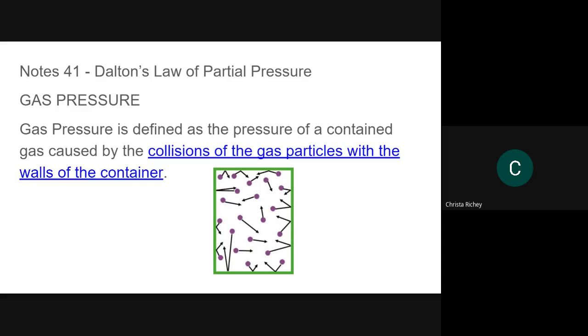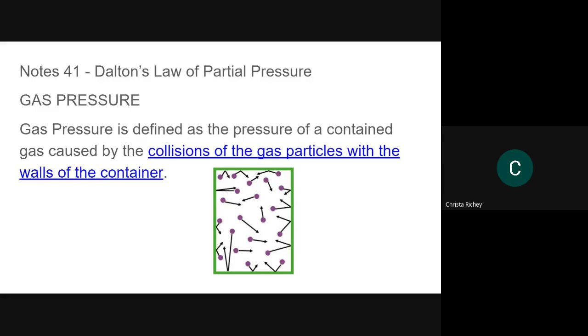So this picture, which I think you have on your notes, is supposed to represent the different gas particles and how they're all moving in different directions independently of each other. Purple balls with arrows pointing their vector at which they're traveling. But I can do things to that gas to change their speed, and changing their speed is either going to increase or decrease the pressure of the gas inside the container.